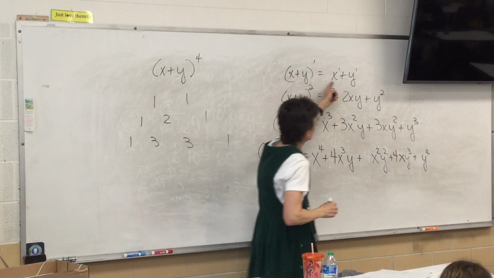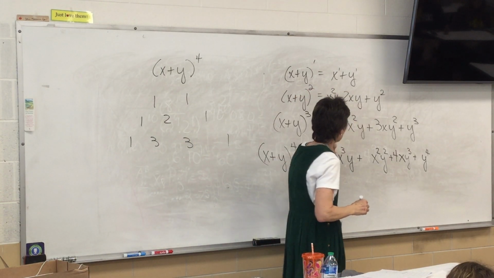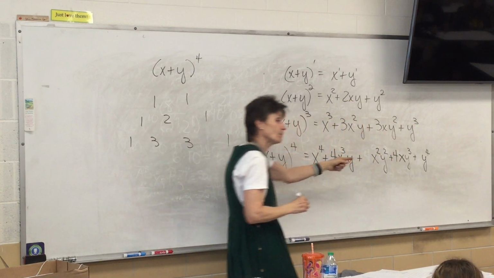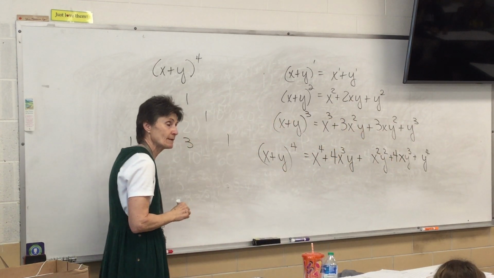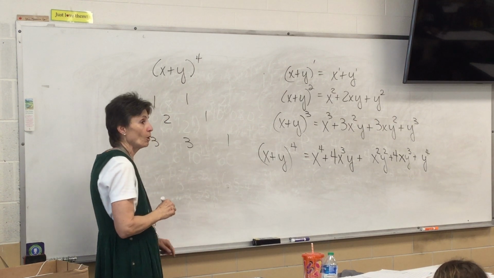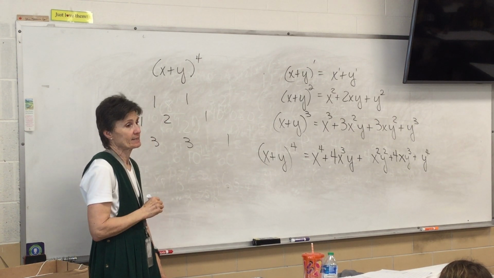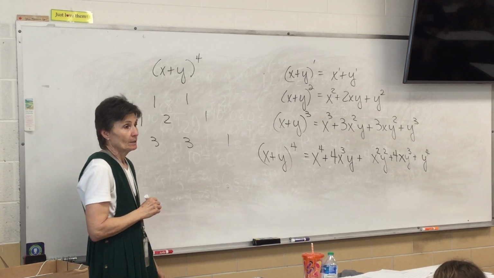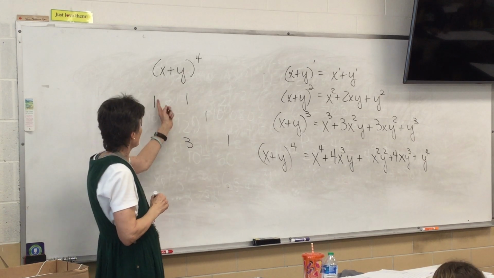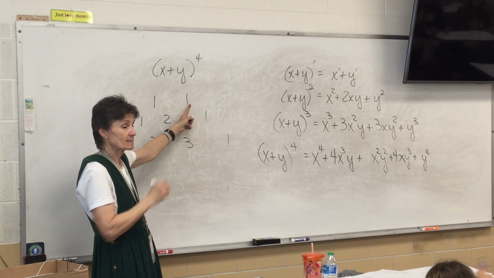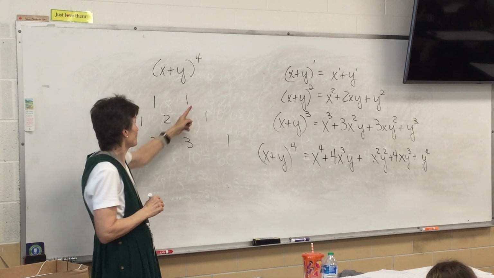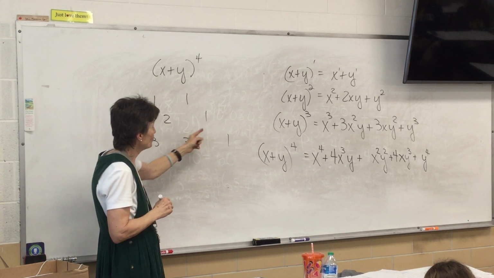So I have my 1 and my 1, 1, 2, 1, 1, 3, 3, 1, and now I'm trying to figure out what this fourth row is. This is called Pascal's triangle, and I do want you to write this down, the triangle, okay? So it starts with a 1 and a 1 at the top. That's the first row. The second row is 1, 2, 1.